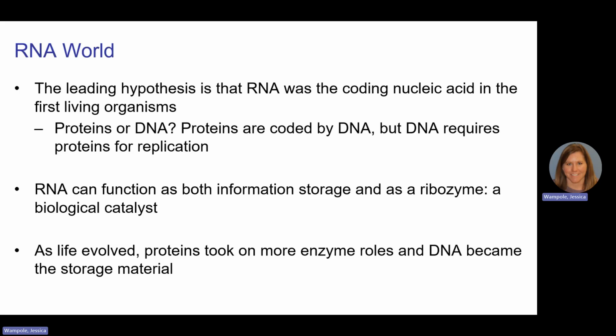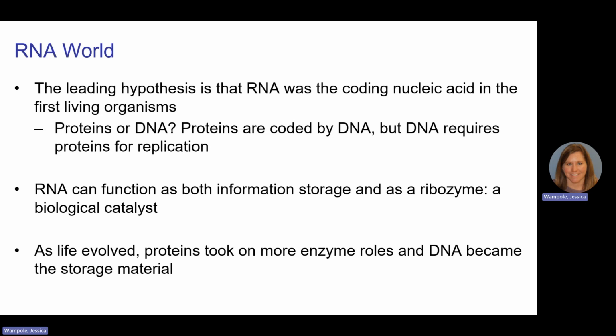What this means is that if RNA was the original coding molecule, then early on, RNA could store information and also replicate itself. Then as life evolved, as cells got more complicated, there was a transition to the evolution of proteins and then the evolution of DNA as the storage molecule.